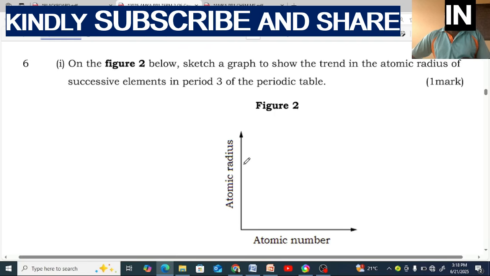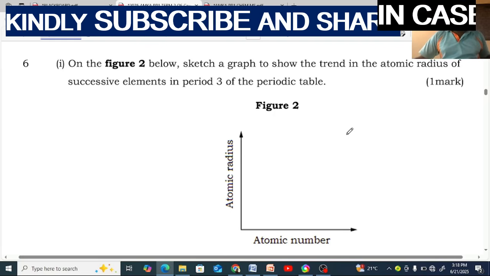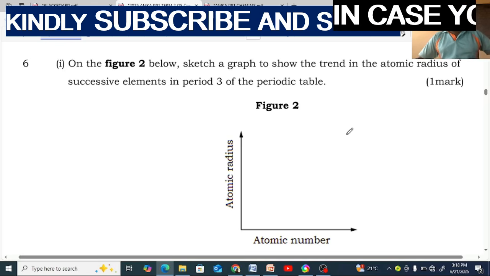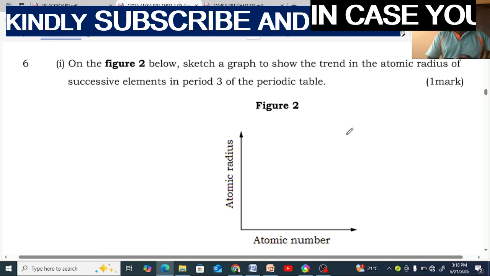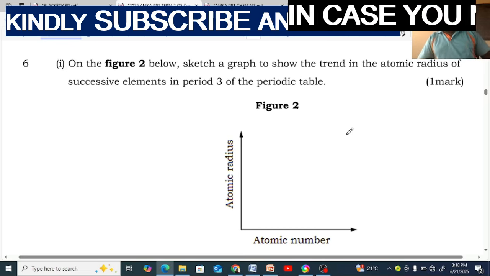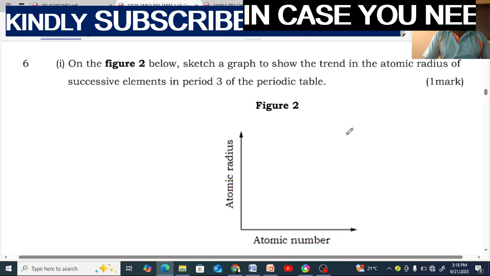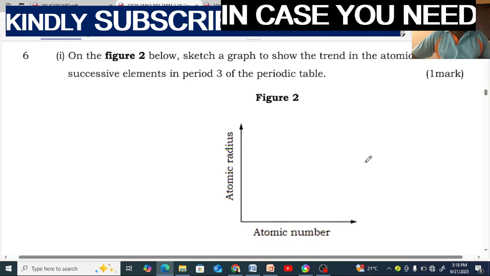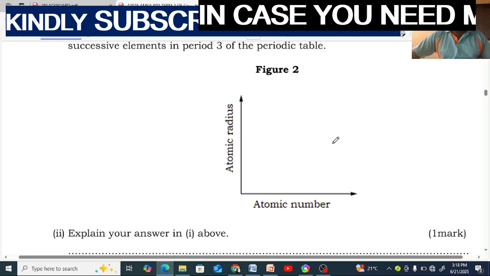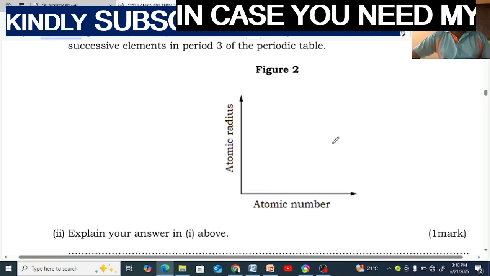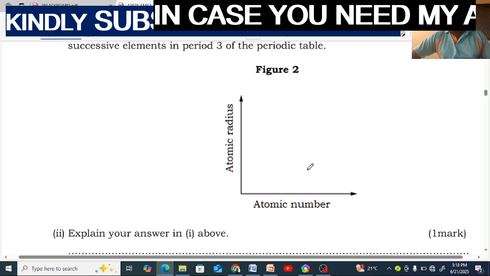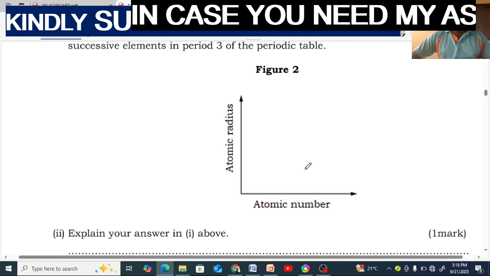On the figure below, sketch a graph to show the trend in atomic radius of elements in period 3 of the periodic table. So what happens across the period? Remember, as the number of protons increases, the atomic radius decreases.